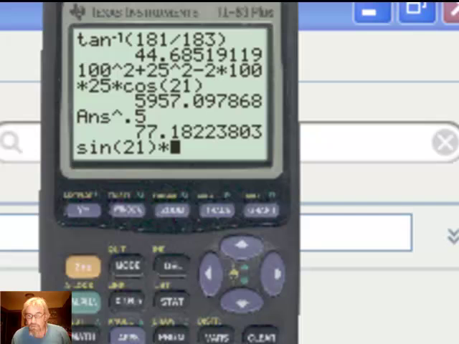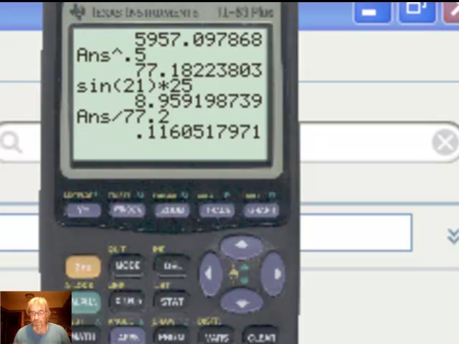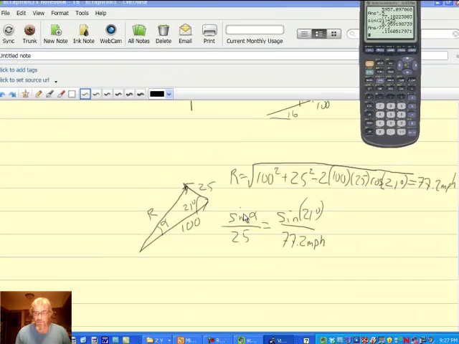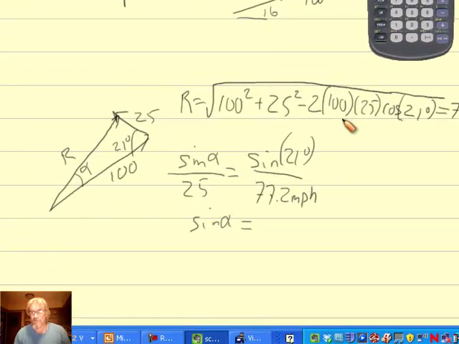and then divide that by 77.2. By cross multiplying and dividing, I get a number that is equal to the sine of alpha. So the sine of alpha is equal to that number up here in the calculator, the 0.116 number.